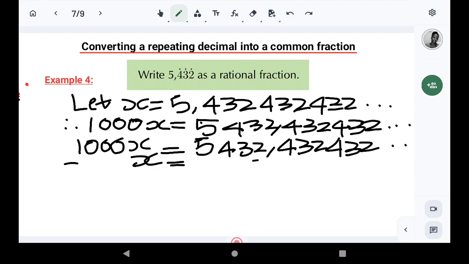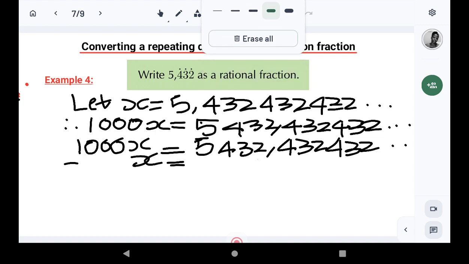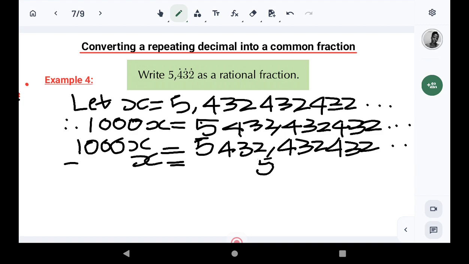Very important to put the digit where it belongs. When you're subtracting decimals, put the digit where it belongs. The 5 belongs under the 2, so that becomes 5,432,432.